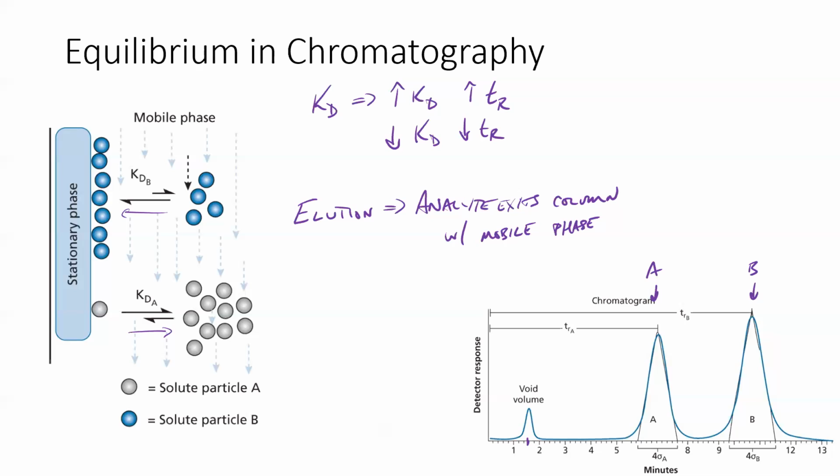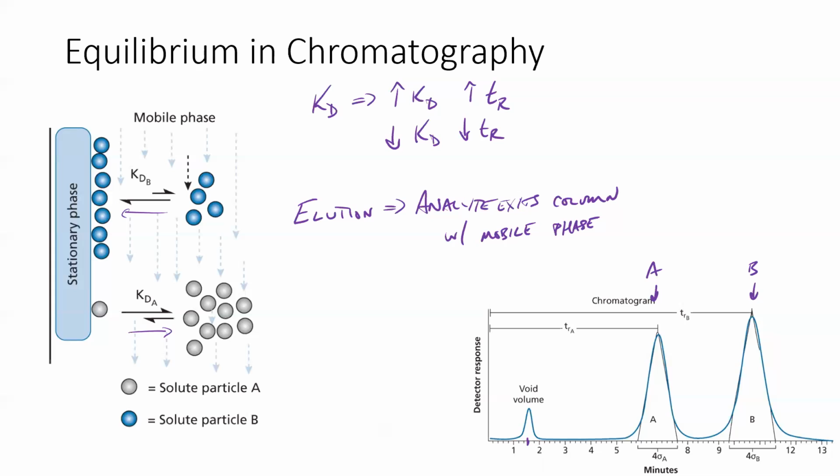That's not really time that the analyte was interacting with the column. That's just time it took to travel through all the tubes, through the pump, and down to the detector, time spent in the instrument but not doing any separation. And so the void volume here is that time. It takes about 1.5 minutes in this example for the sample to go from the starting point of the instrument to the detector.